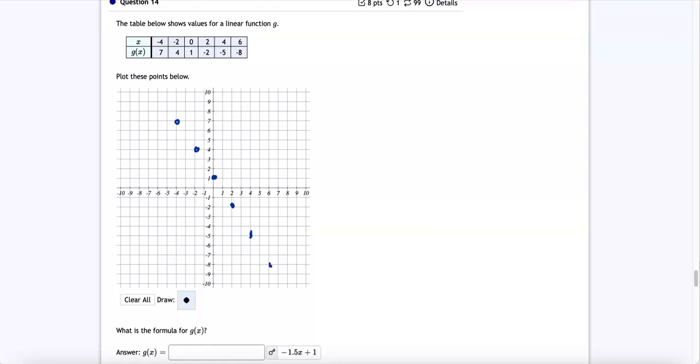And that's how we're getting the slope of -1.5. That's the slope of -3/2, which means down 3 over 2. And then the +1 is the y-intercept, and we get the +1 y-intercept from the fact that right here you can see that the intercept is +1. So that's how we get the equation right there.